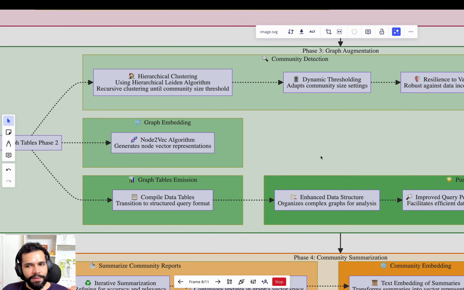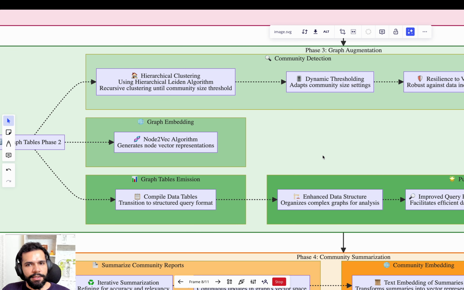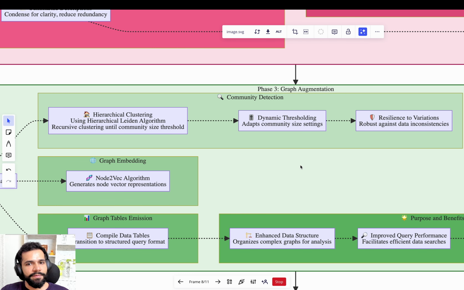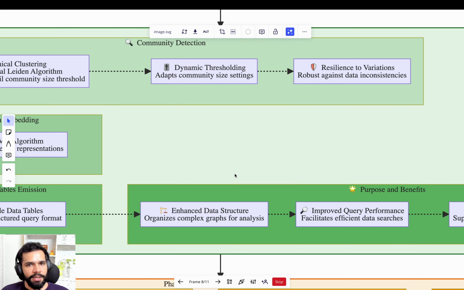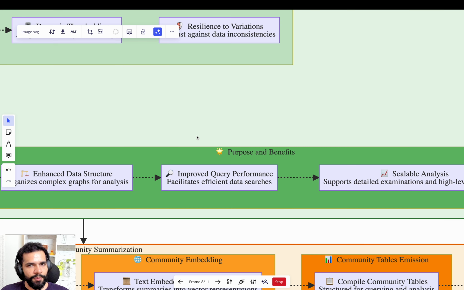So when you do it for a large amount of data, you have that gradual hierarchical understanding, which goes across all the granular levels. What does it do for us? That's such a fascinating thing to understand: having this granular understanding gives you the freedom, whenever a user or the person at the end is asking a query, to understand what the granularity of that query should be, right? It can be a very broad abstract question.